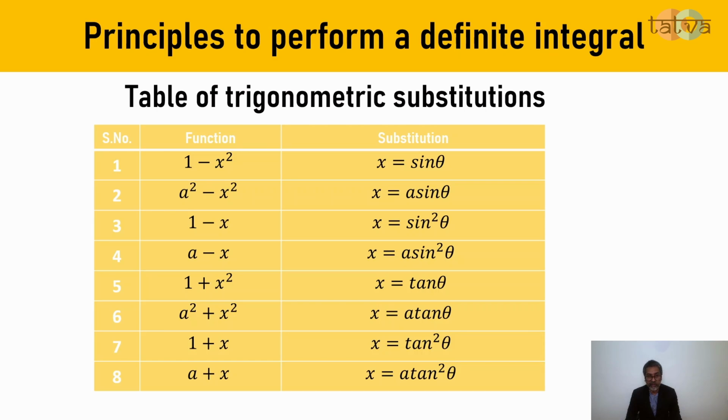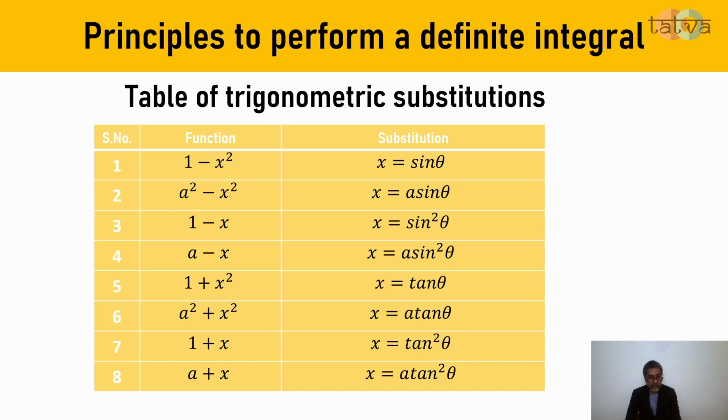So it gets simplified. Like that, a square minus x square requires x is equal to a sine theta. That's a natural substitution. And when you take 1 minus x, we have x is equal to sine square theta. And I hope you are now beginning to understand why these substitutions are so easy to accept.